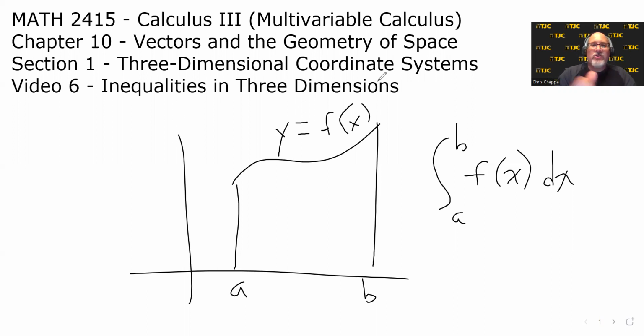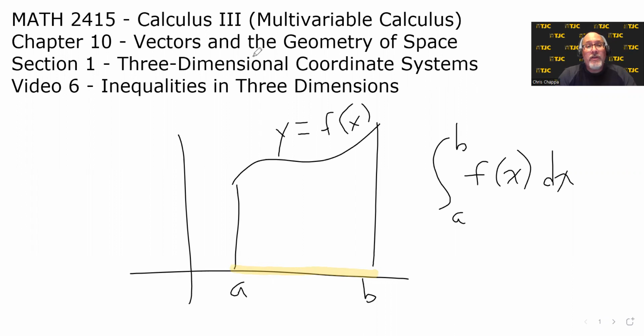For example, when we do this integral here in 2 dimensions, it's a 1-dimensional function in a 2-dimensional space. Then we integrate from a to b, so we integrate over that 1-dimensional object. But when we bump it up a dimension, we're going to be integrating over a 2-dimensional object.